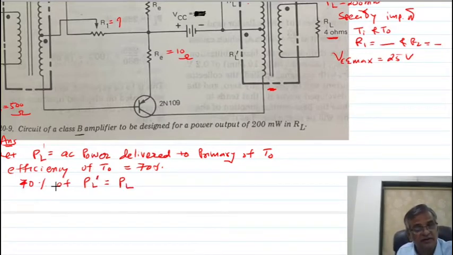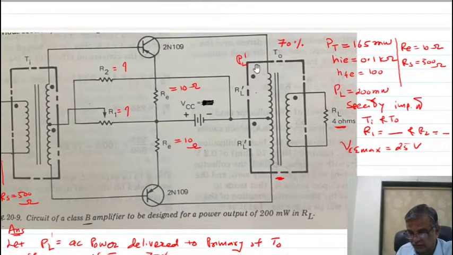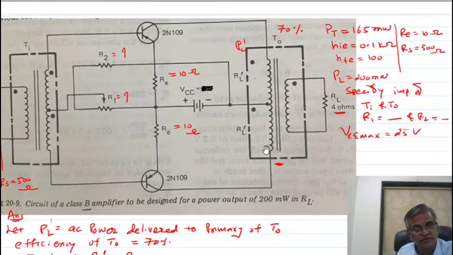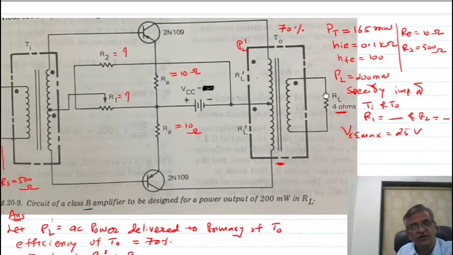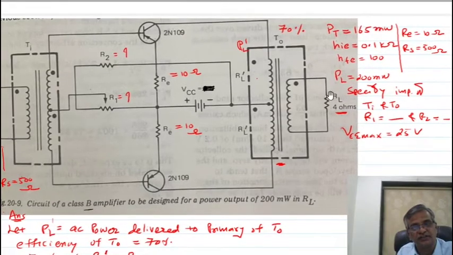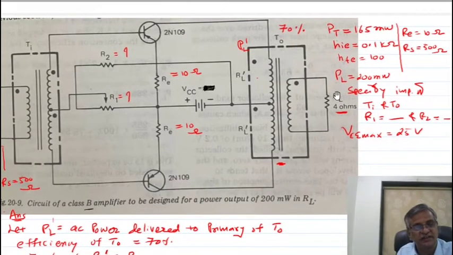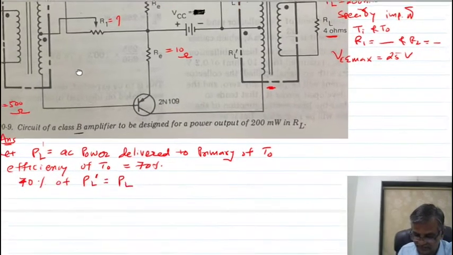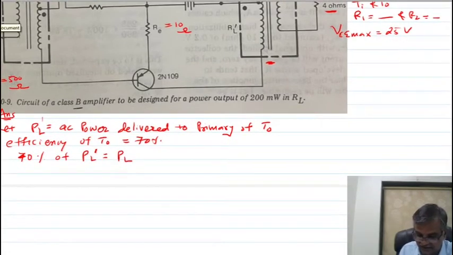Whatever power is dissipated here, 70% is converted into AC power at the secondary, and the remaining 30% is wastage. So I can write 0.70 PL dash is equal to 200.